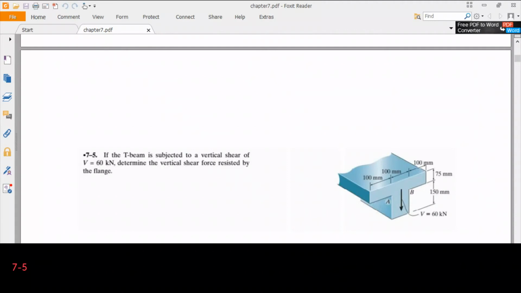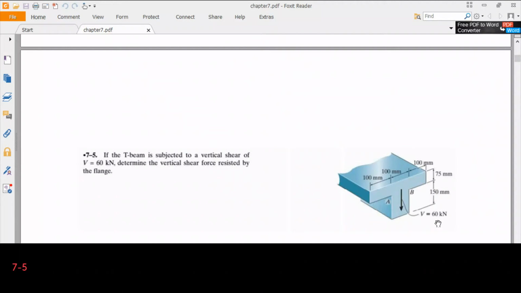Our problem is 7.5. If the T-beam is subjected to a vertical shear of 60 kilonewtons, determine the vertical shear force resisted by the flange. So we are asked for the total force resisted by this flange, so not the web of the T-beam. The dimensions are given, the force is given.